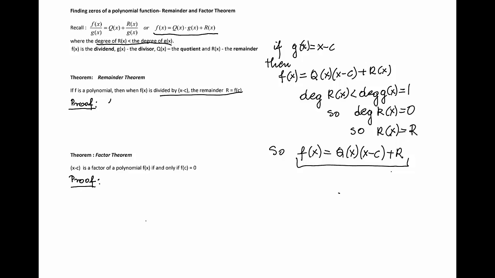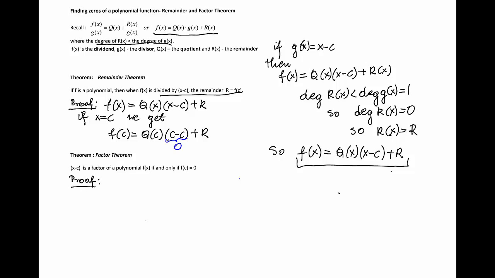So we'll just repeat what we just said, that f of x is equal q of x times x minus c plus the remainder, and if x is equal c, we get f of c is equal q of c times c minus c plus r. Because c minus c is 0, the whole term is 0, and that sum is simply equal r. So we have that f of c is equal r.